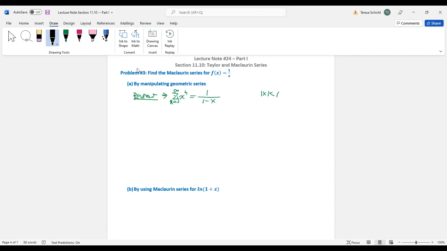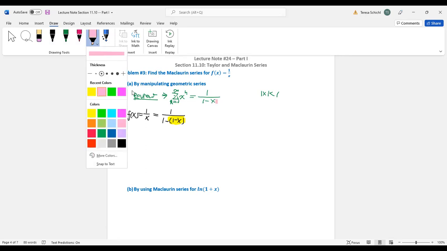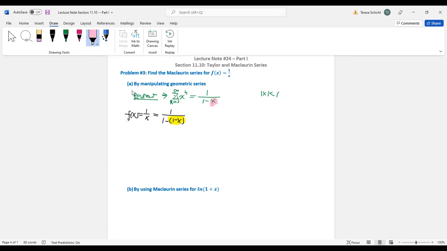Okay, so now let's see. I want to find f of x, which is 1 over x. How do I manipulate the geometric series? We can say this one is 1 over, then this is 1 minus x here, right? So if you manipulate that, this is 1 minus x, which is similar to the geometric series. You replace the x in the geometric series with 1 minus x.